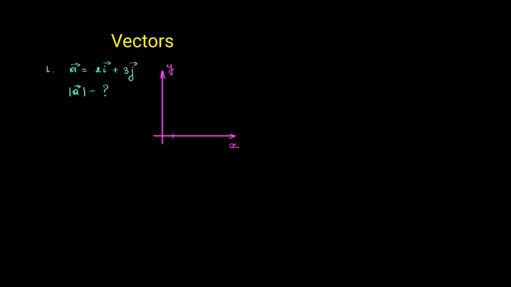So the x component of the vector is equal to 2, and the y component of the vector is equal to 3. So this vector is given by this arrow. So this is a vector which is equal to 2i plus 3j.